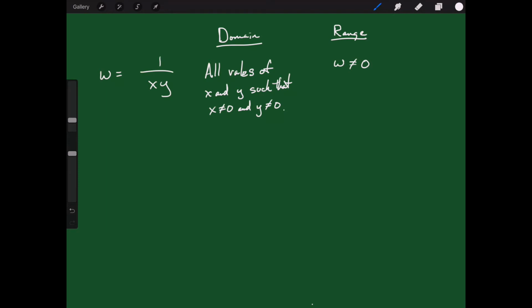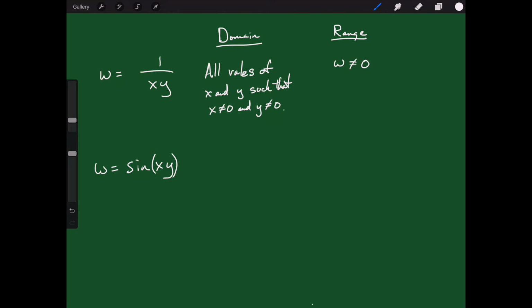Okay, let's talk about another one. What if my function was w is equal to sine of x times y? So the question is, are there any choices for x and y that would make this thing explode? In other words, sine of x times y is illegal. Not really. Any number can really go into a sine function, and it gives us a value.